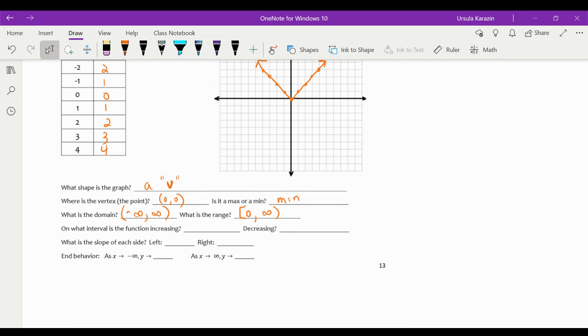Now, increasing and decreasing. You've got to understand what increasing and decreasing mean. You want to consider moving along the x-axis, and as you move along, you want to look up at the graph and see if it's coming down at you or if it's going up away from you. So as I come across here, notice the graph is coming down at me.